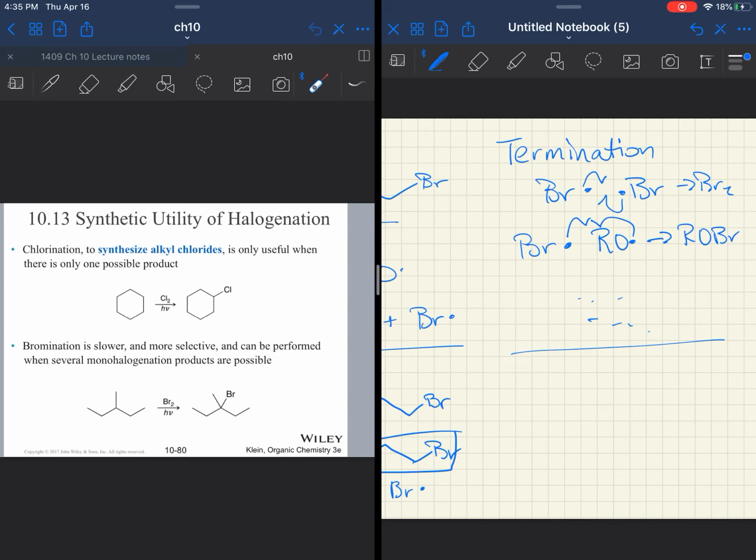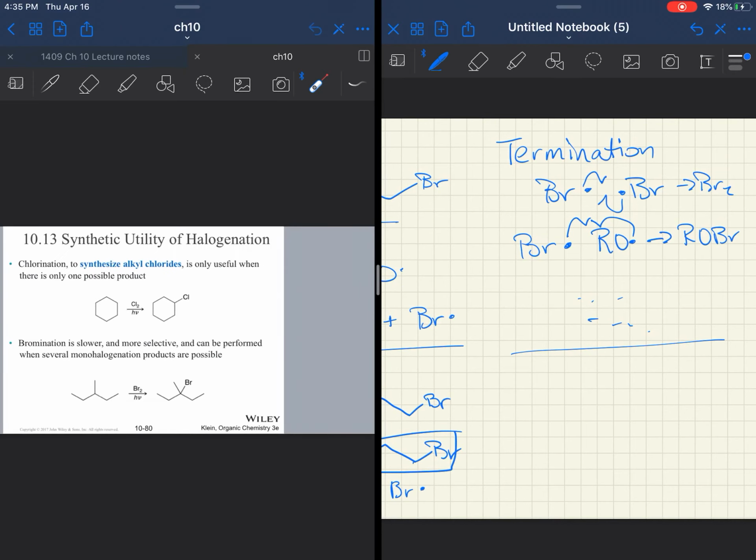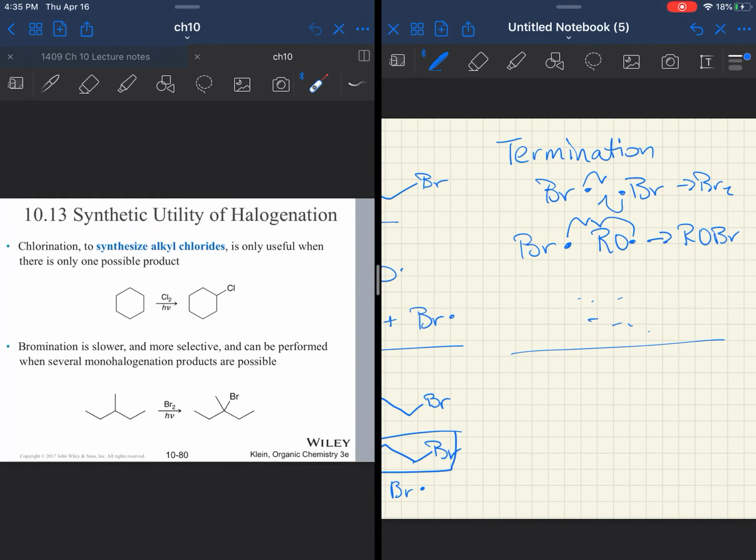Such a long chapter. And what I want to leave you with, because we've touched on it in the past, is synthetic utility. One of the nicest things about the free radical halogenation is that this is the only reaction that you have with an alkane.